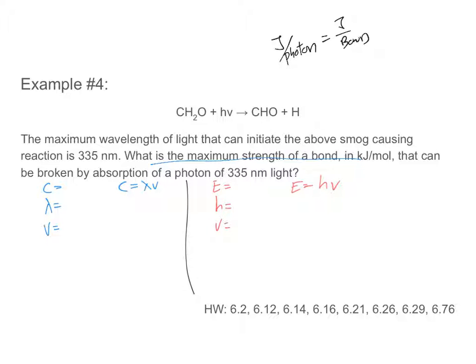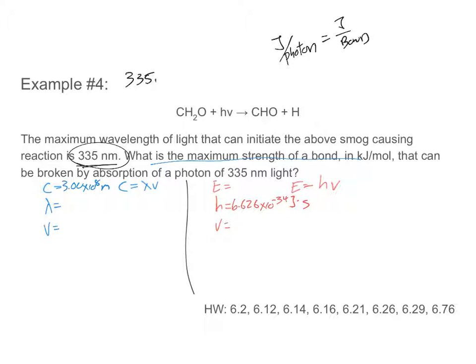The other thing is that I see that I'm in nanometers, and I know the variables that I know values for: 3.0 times 10 to the 8 meters per second, and Planck's constant is 6.626 times 10 to the negative 34 joule seconds. I'm going to need to convert this 335 nanometers to meters.